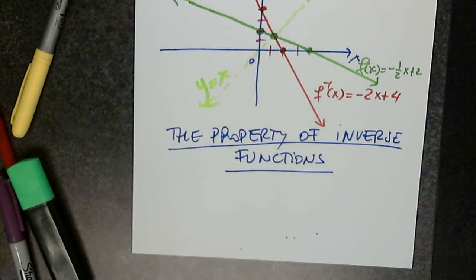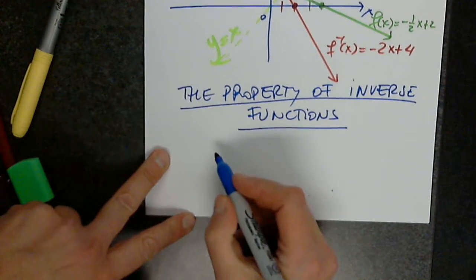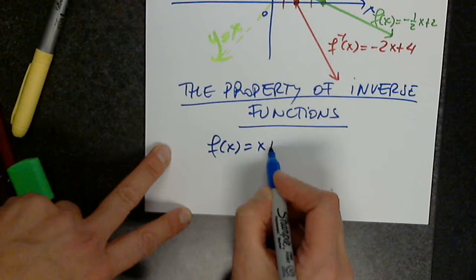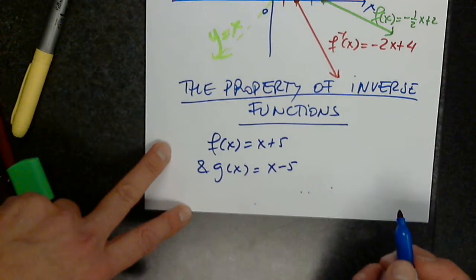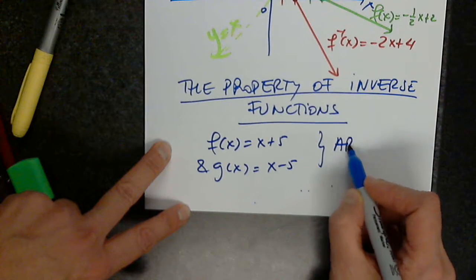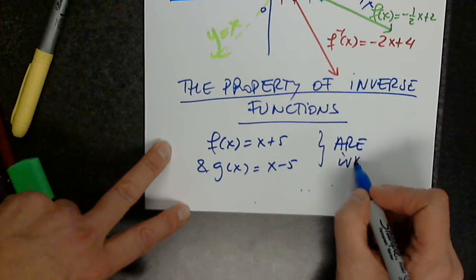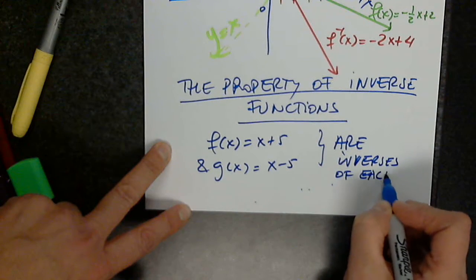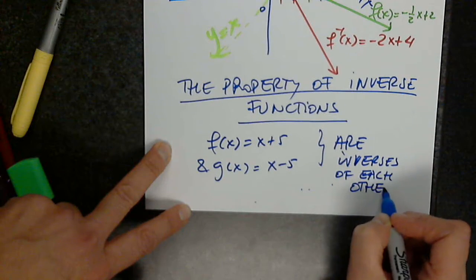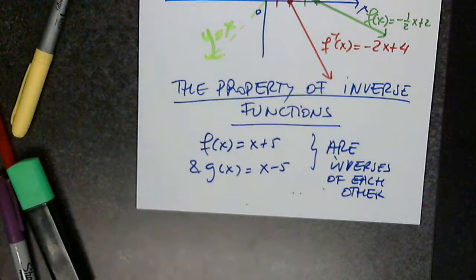Yes, right? So you can say that f of x equals x plus 5 and g of x equals x minus 5 are inverses of each other. Can you say that?